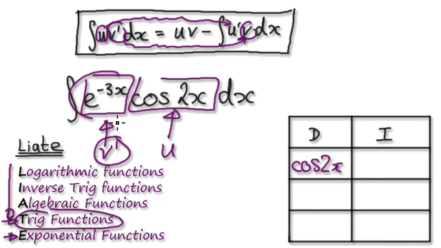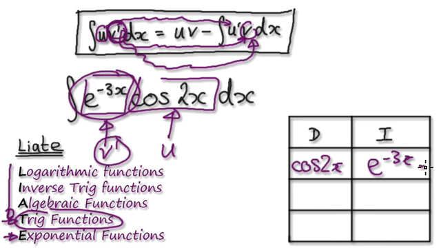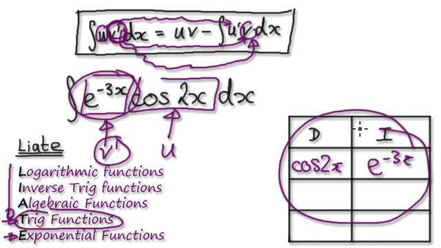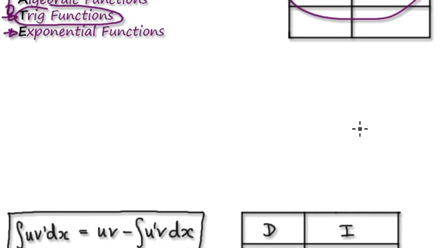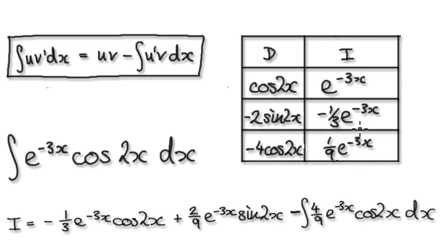So if this is our v prime, then we put e to the minus 3x in here, because each step of the way we need to integrate it. Here we need to integrate, here we need to differentiate. So from here, if you do that, it will take you to here, and then to here.